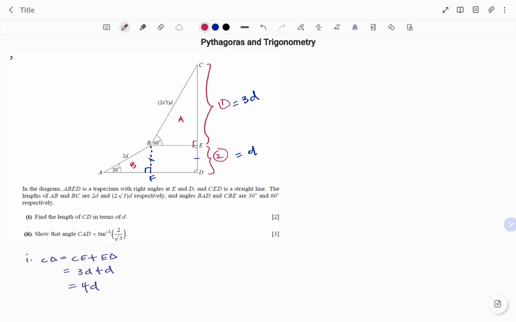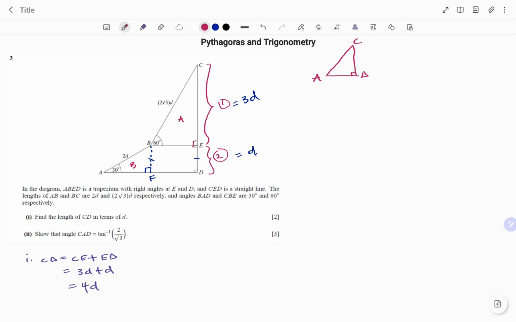For the second part of my question, it says show that the angle CAD is tan 2 over root 3. If I draw out my second triangle to reflect my angle CAD, this is angle A, this is angle C, this is angle D, which is a right angle triangle.